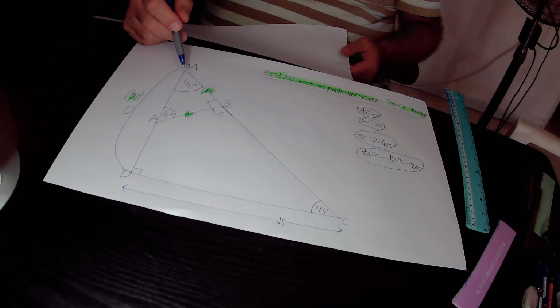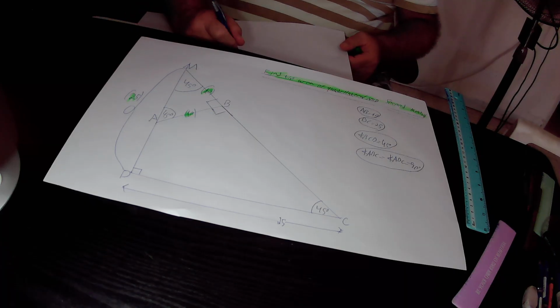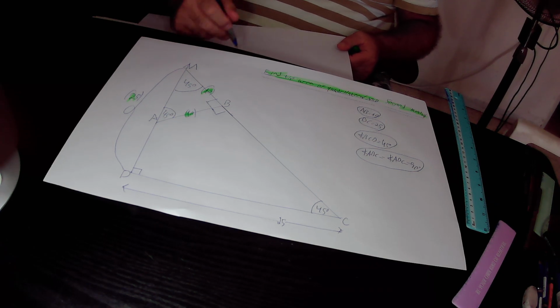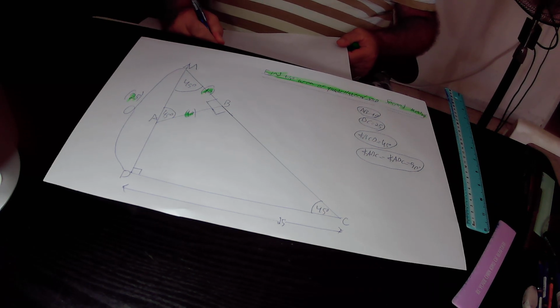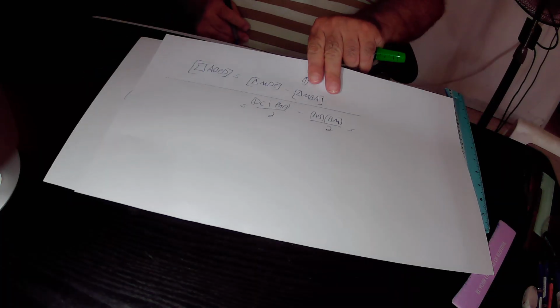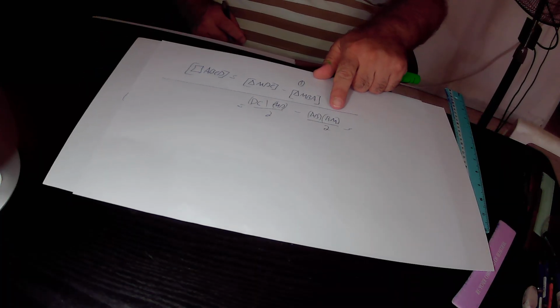The area of this small right triangle MBA equals the base AB times the height BM over 2. Again, the area of the small right triangle MBA equals the base AB times the height BM over 2.